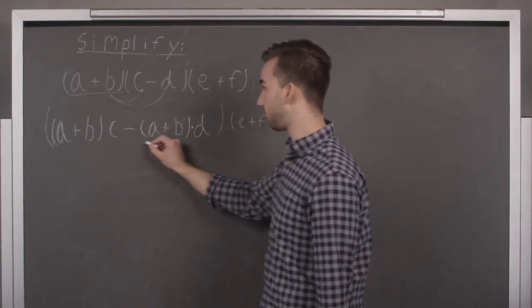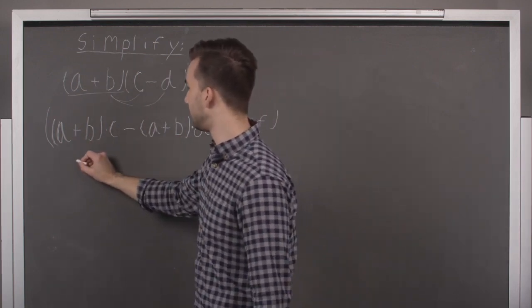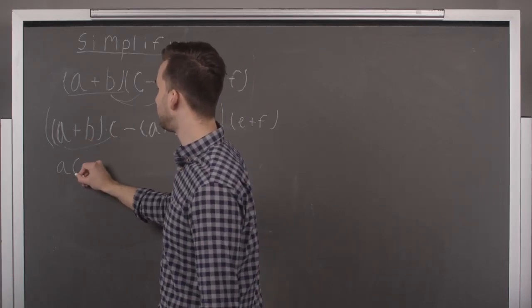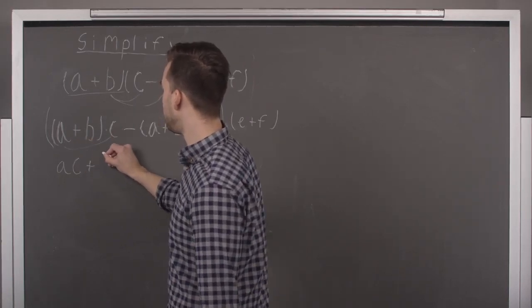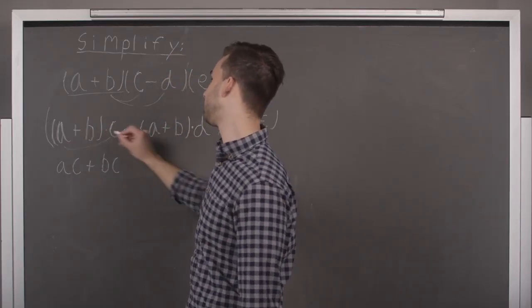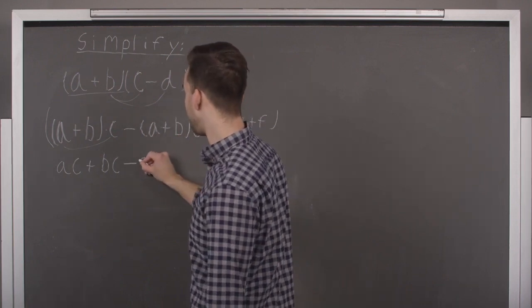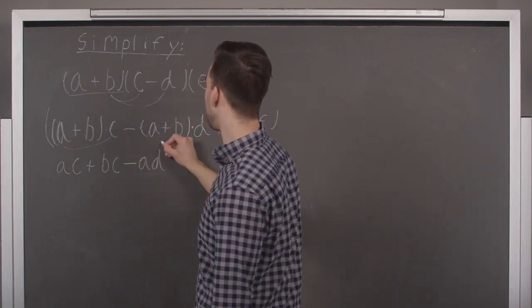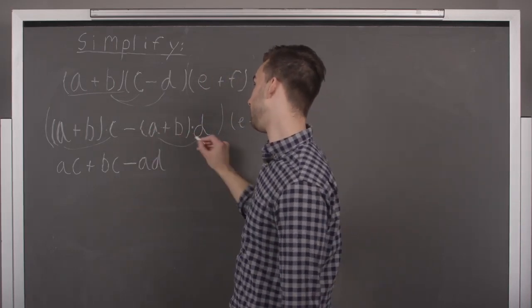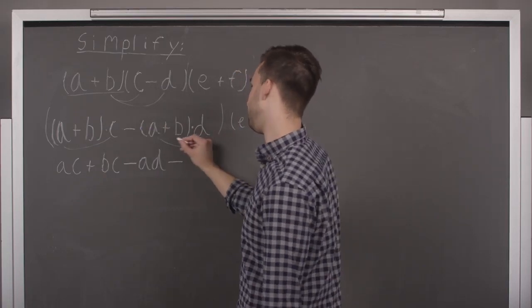But we're going to keep simplifying this. So let's do a times our outside element c plus b c. Okay, so that's done. Minus a times d, right? Our outside element. And then minus again, because it's minus whatever that is.